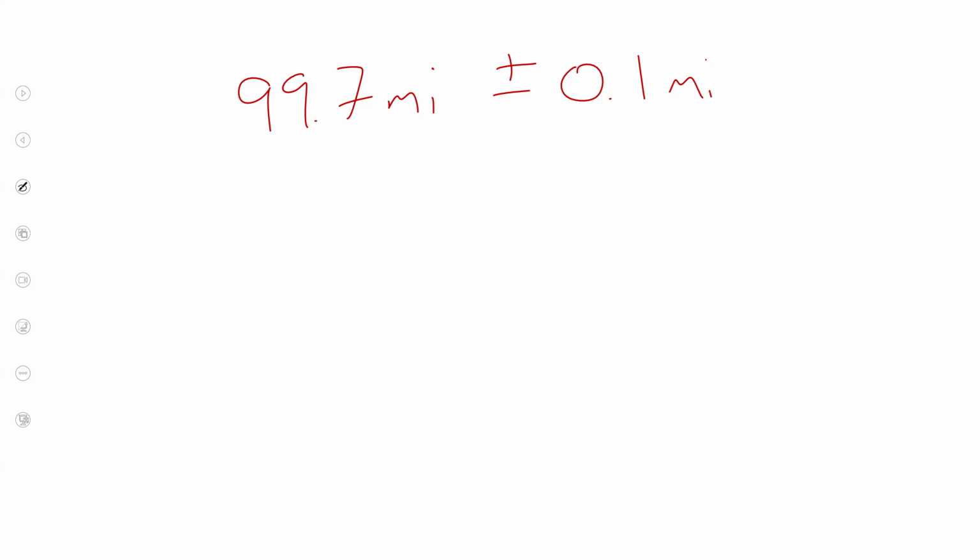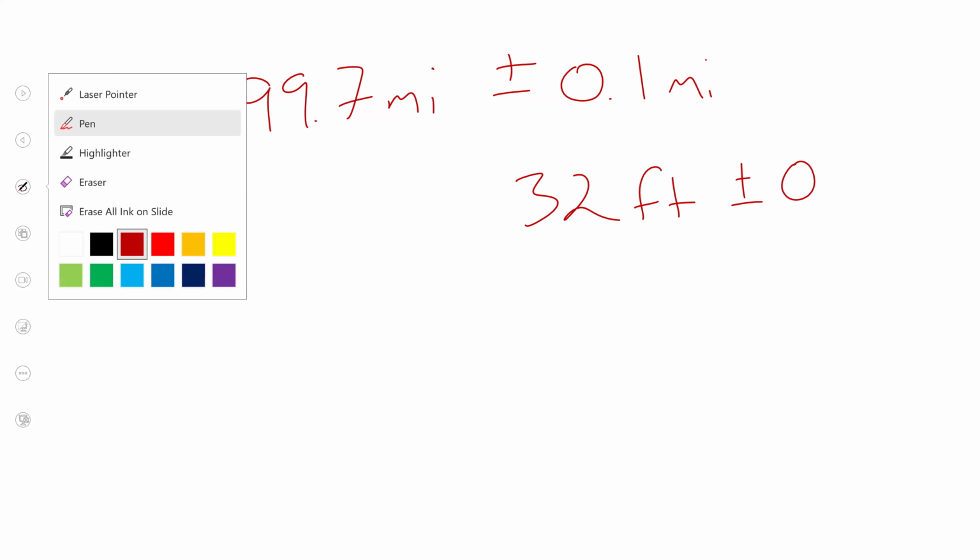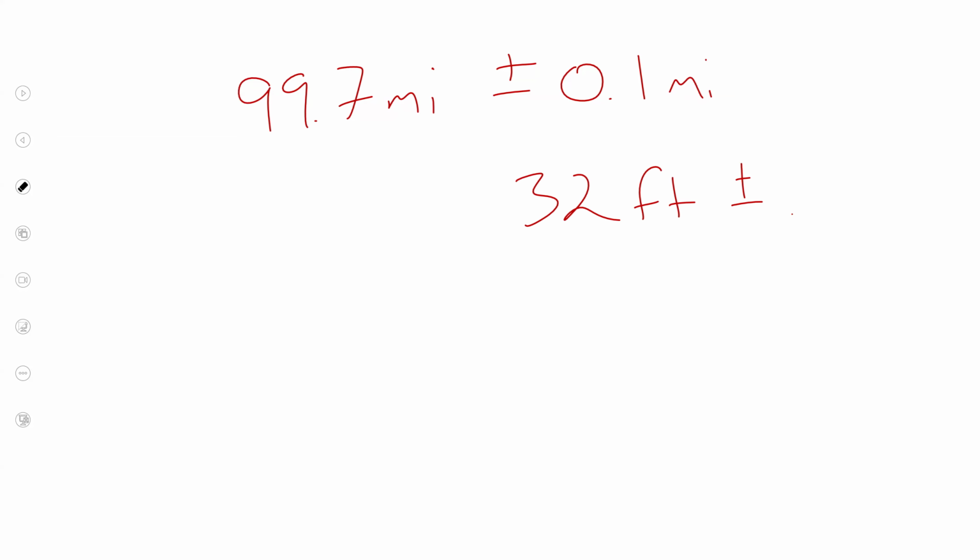What's the uncertainty if I say 32 feet? Plus or minus 1 foot. Is 1 foot more or less than 1/10 of a mile? A lot less. There's 5,000 feet in a mile, so 1/10 of a mile is about 500 feet.